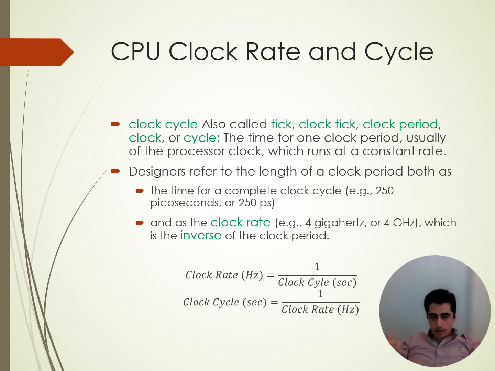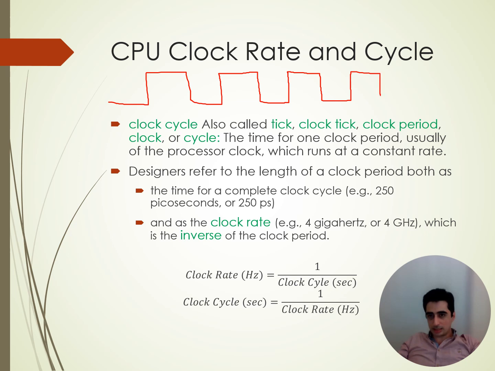Every CPU has a clock, which is basically a periodic signal, looks like this, and it's kind of like a sine wave, and it has a constant period, and the period of this periodic signal is called a clock cycle time, or tick, or clock tick, or clock period, or simply we call it cycle or clock.